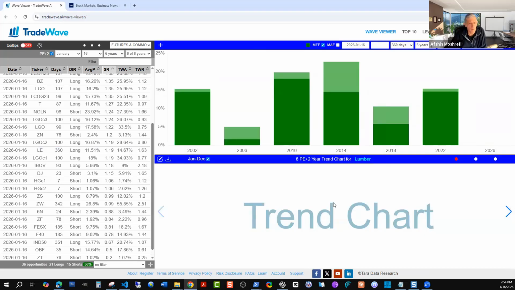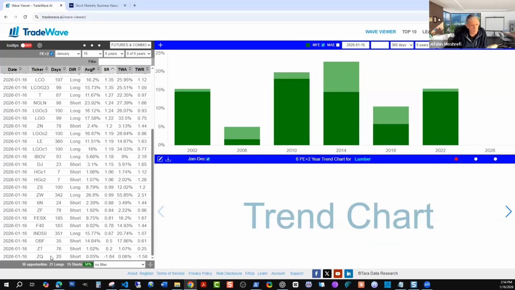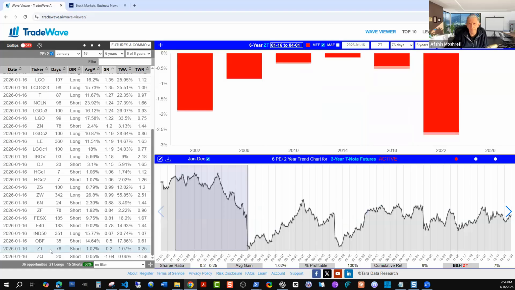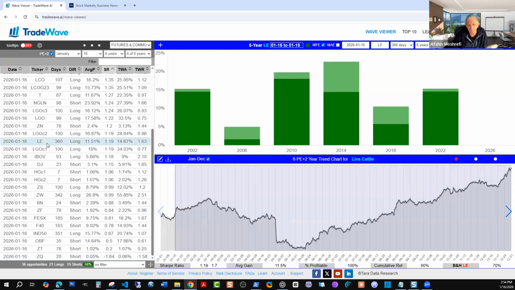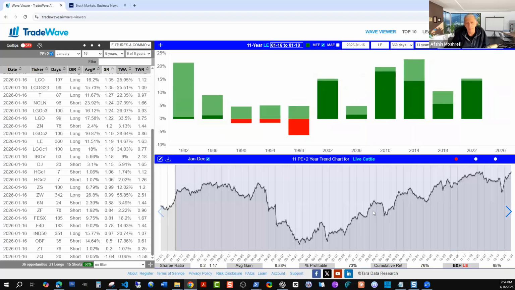Oh, I have to check what's wrong with my lumber. Yeah, live cattle. I can look at it with midterm election years, which is bullish for the last 6 since 2002. Basically, this century, it's been bullish.